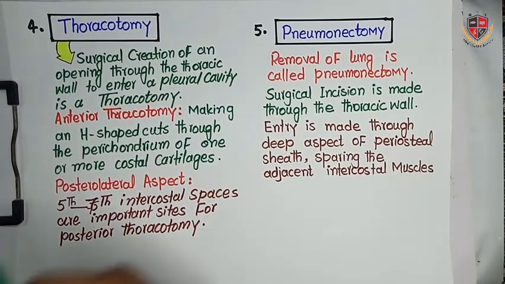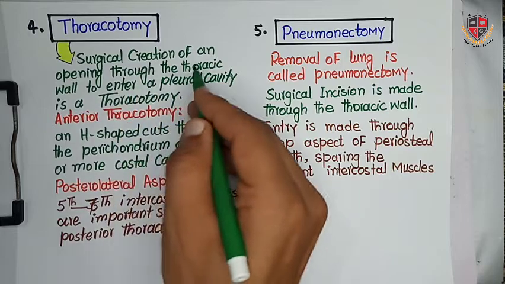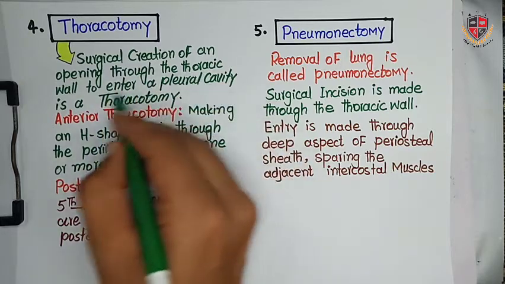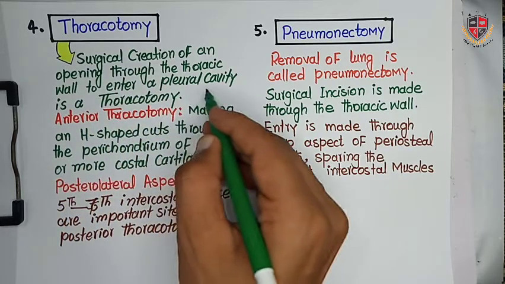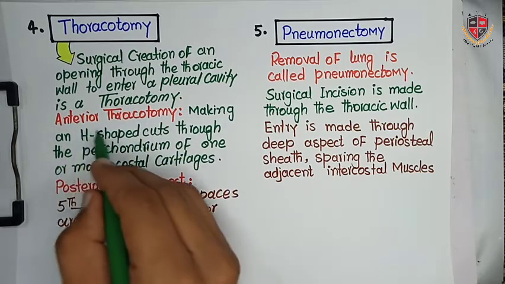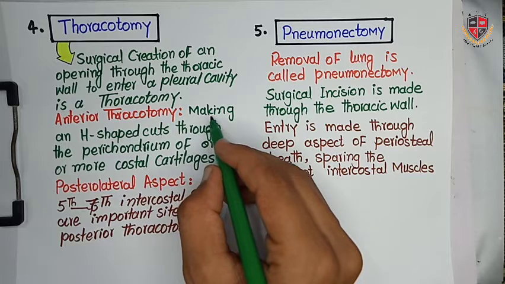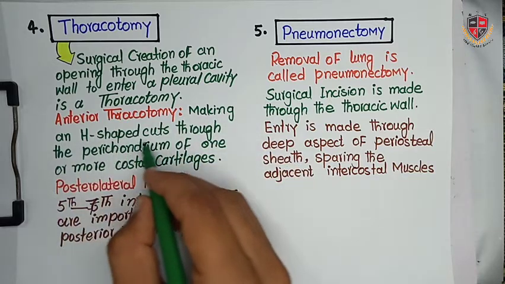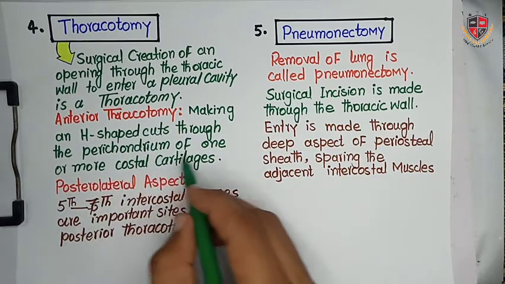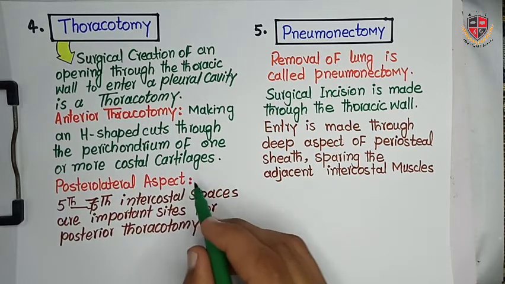The next clinical is thoracotomy. The surgical creation of an opening through the thoracic wall to enter a pleural cavity is called thoracotomy. Anterior thoracotomy: the making of H-shaped cuts through the perichondrium of one or more costal cartilages.